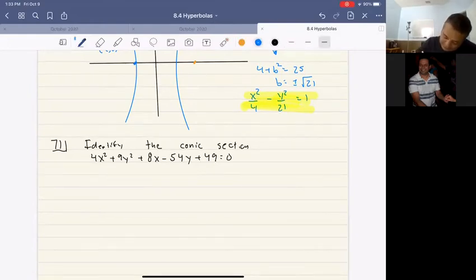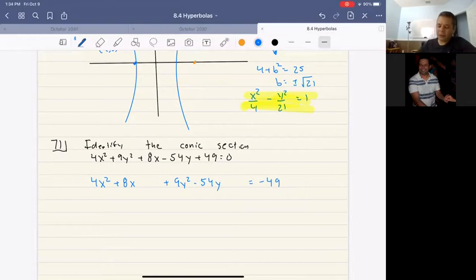I'm going to put the x terms together, so 4x squared plus 8x, plus 9y squared minus 54y. And on the other side, I'm going to put -49.